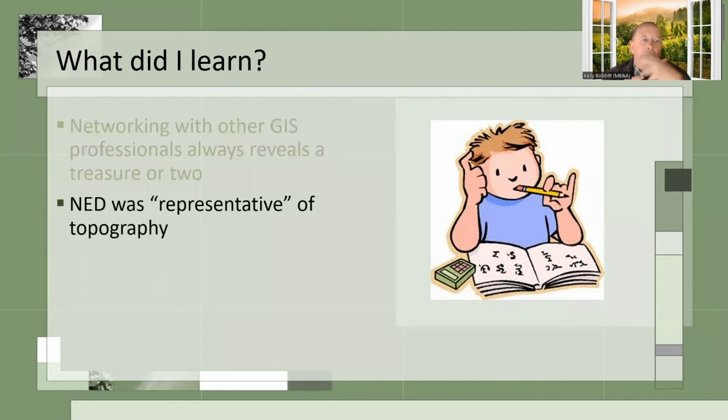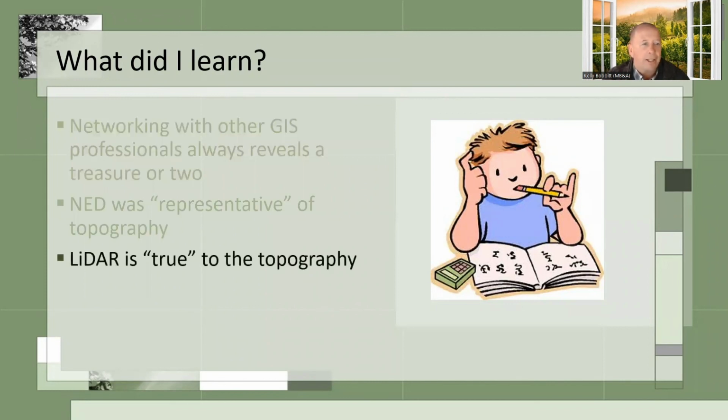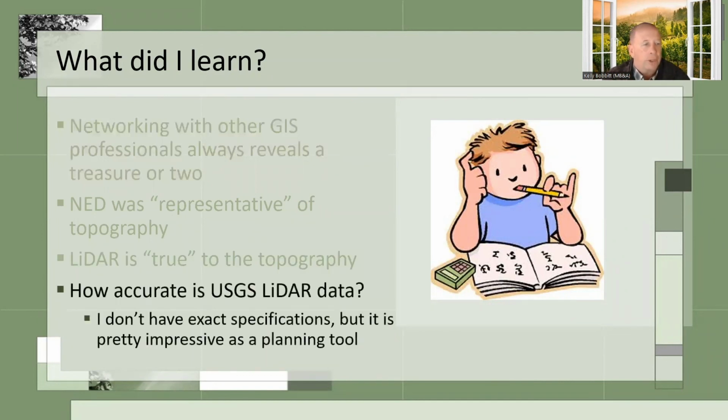The NED data was representative of the topography I found out on each property, but LiDAR is true to the topography. So it takes out any doubts that you might have. So how accurate is the USGS LiDAR data? I don't have exact specifications, but what I do know is it's a pretty impressive tool for planning and development.